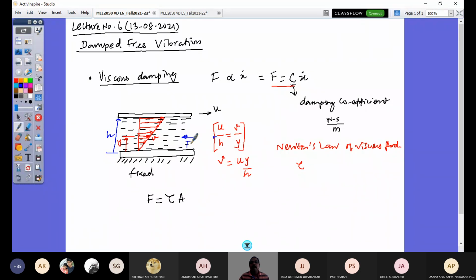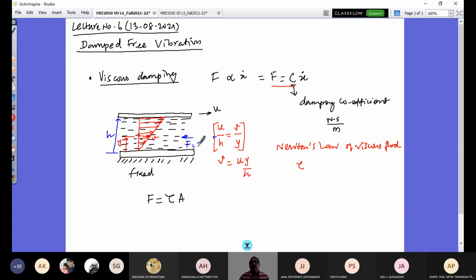This F is going to be C into small v. So small v is on a fluid layer at a distance y from this fixed plate, and that would be given by this relationship with the top plate velocity.